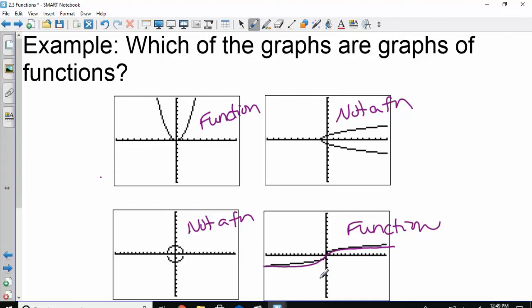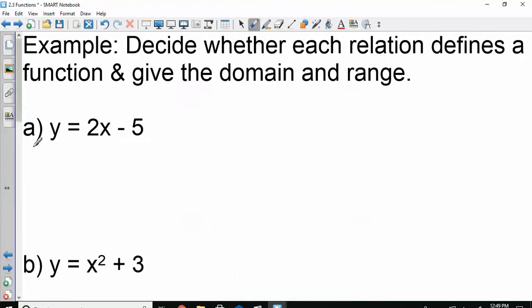So let's go back. We've already done some where you had to decide from the equation if it was a function. Let's do some more of those. So this is one that we already did. And we already just kind of reasoned through it and decided it was a function. But now, knowing what we know about the vertical line test, what's another way we could decide? Could we graph it? Okay, grab your graphing calculator.